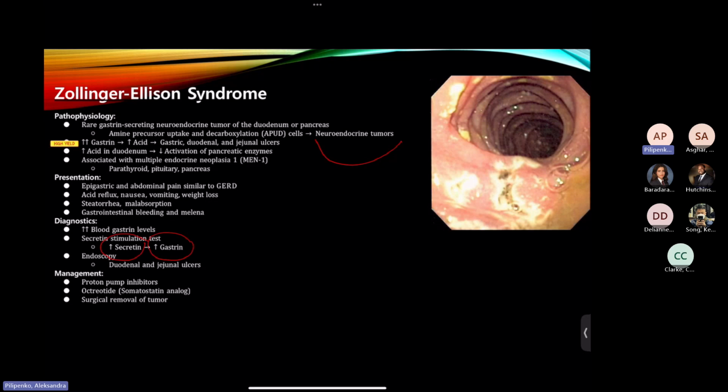So the patient would have a lot of ulcers, not only in the stomach, but in distal areas, like in the duodenum and even jejunum, and it's not supposed to be happening over there. As you remember from basic physiology, in the duodenum we have high bicarb, but in this case so much gastrin is produced that the bicarb is not able to neutralize all of this acid.